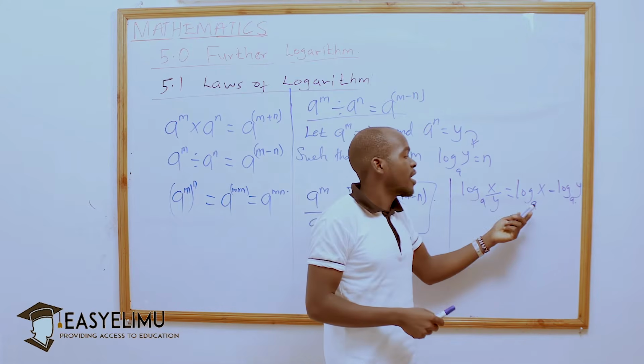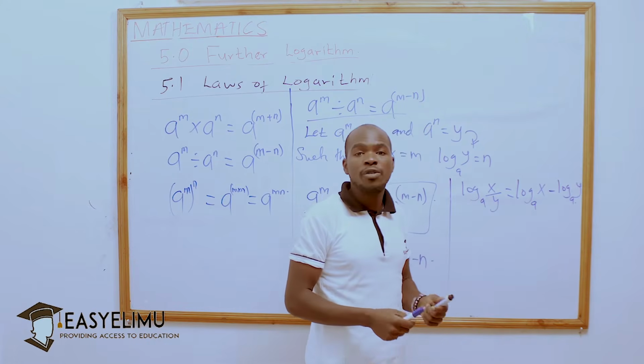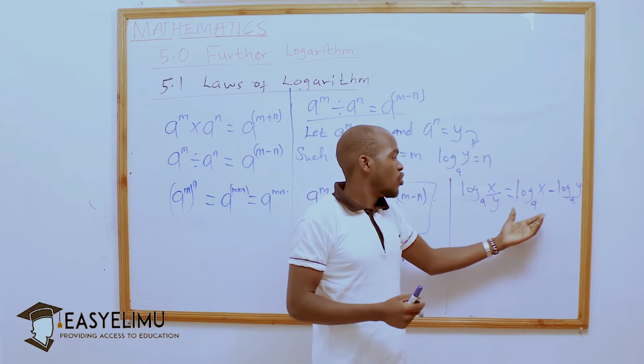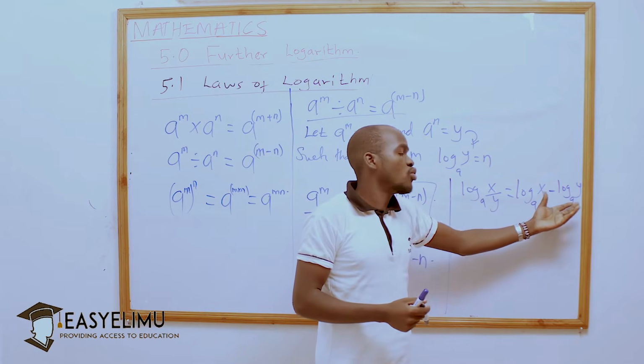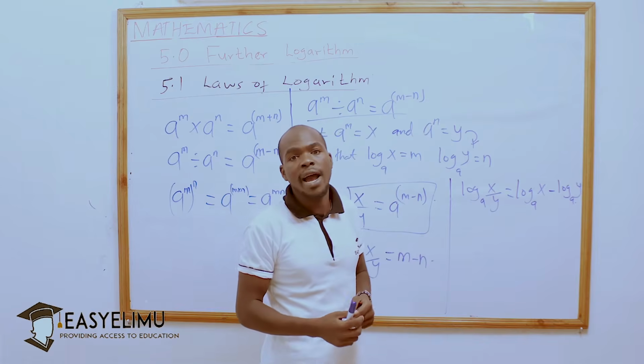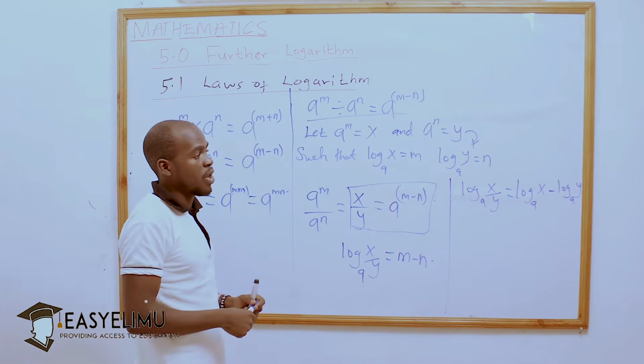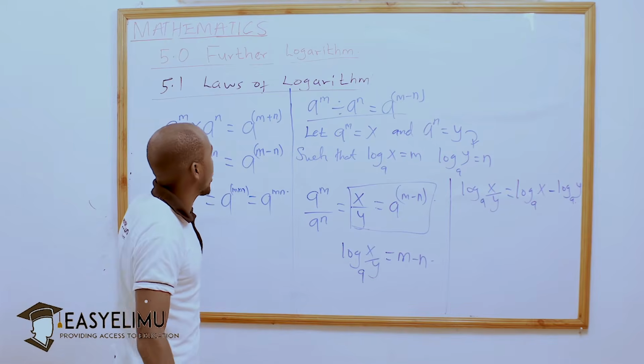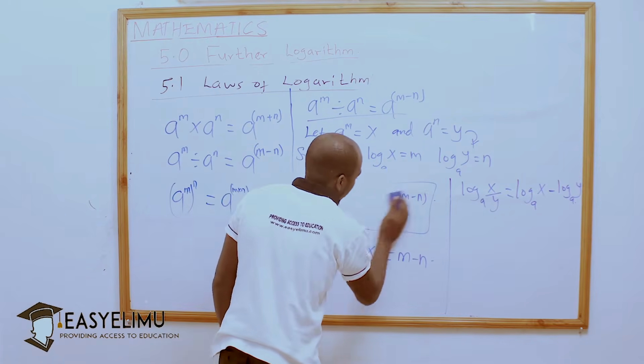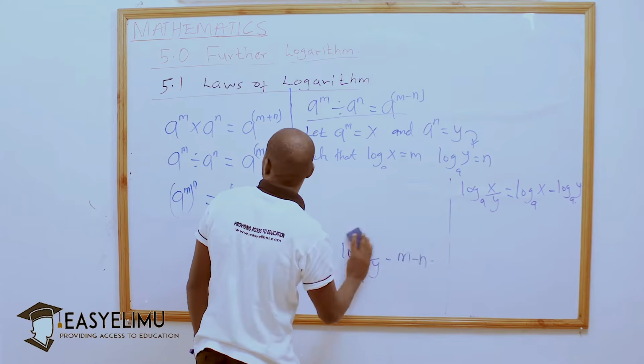It's like taking those two numbers which you have to find the quotient of with the same base, you subtract them and you will get the answer. So we have seen with what we have worked out, that is how we can do that. Now let's see another one.